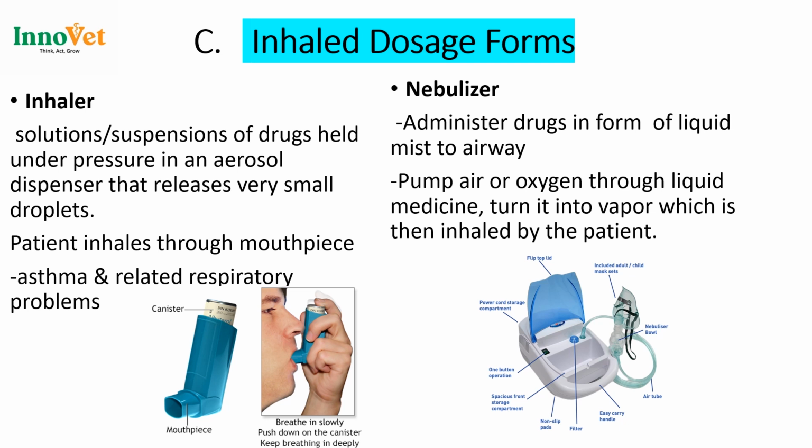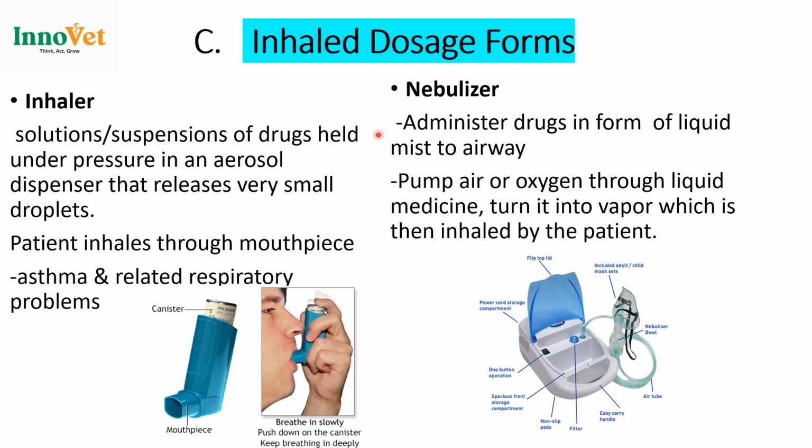When it is initiated to release, it will release very small droplets, and the patient inhales through a mouthpiece. This is evident in patients with asthma and related respiratory problems. Just as you see in this asthma equipment, it has a mouthpiece and the canister which contains the drugs.